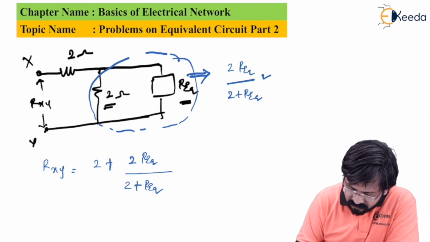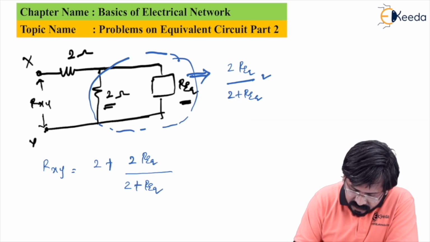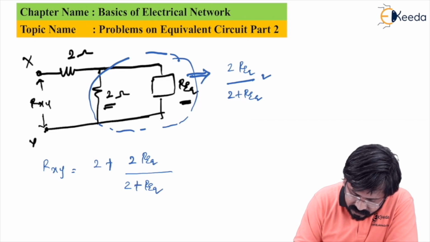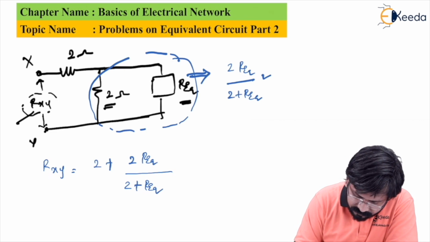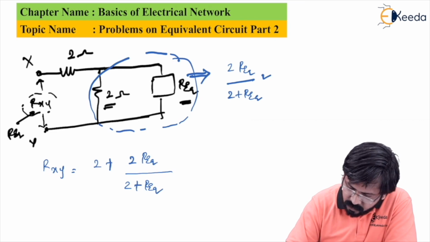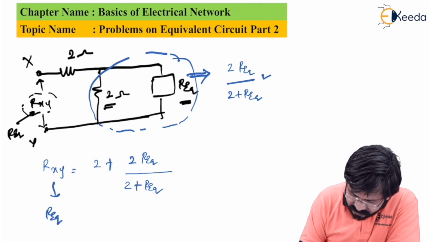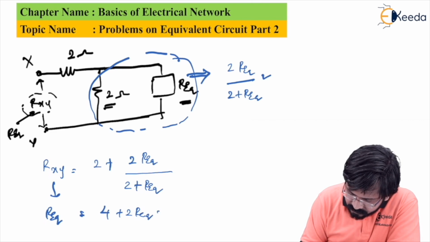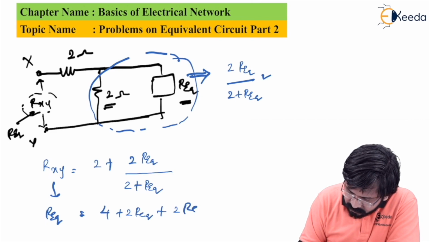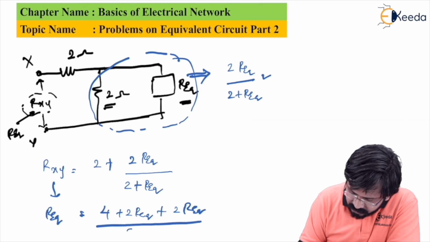Now we need to only solve this. In fact, this is R equivalent, then this is also R equivalent only. So what I can do is, I can replace Rxy with R equivalent. So I can treat this as R equivalent, which is cross multiplying this, we get 4 plus 2 R equivalent plus 2 times R equivalent divided by 2 plus R equivalent.